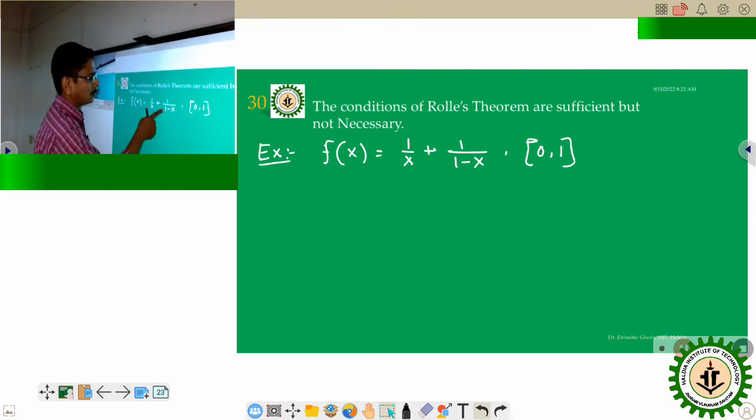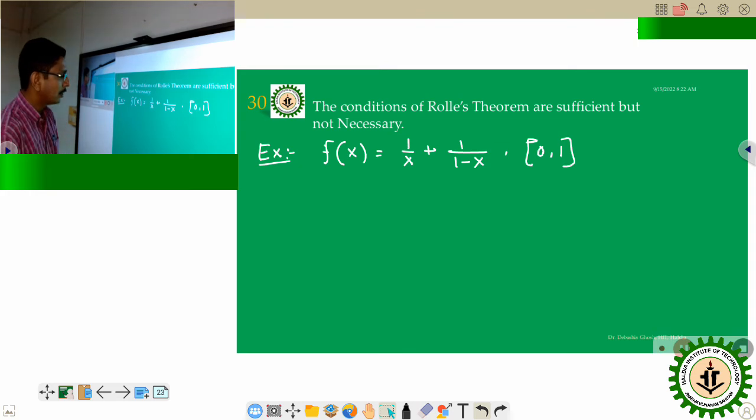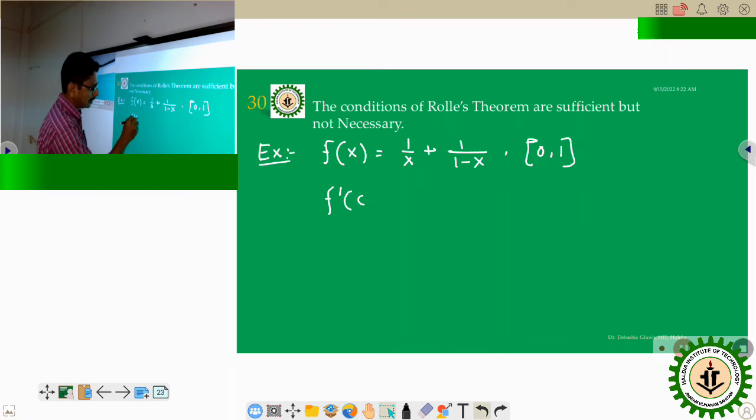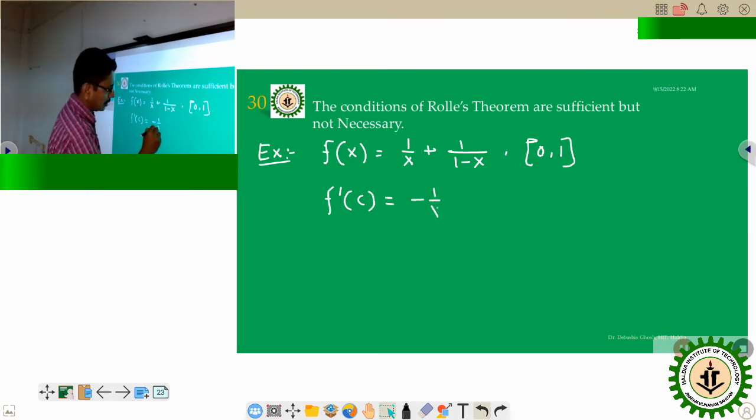But if we find the derivative at some point, we get f dash of x equals minus 1 by x square, and this is minus 1 by 1 minus x its square, and for this minus it comes to plus.